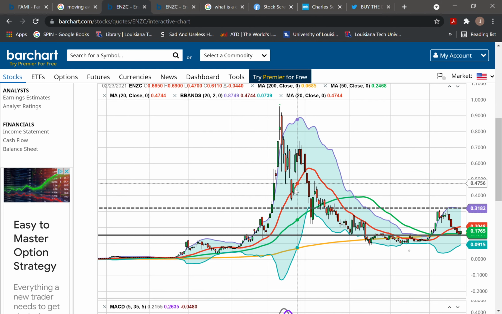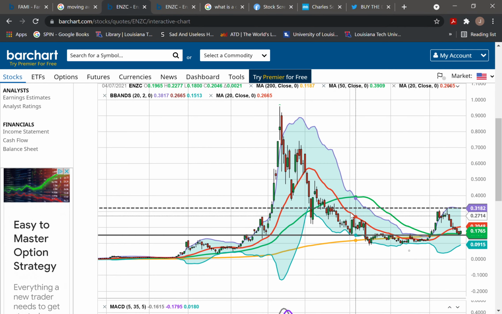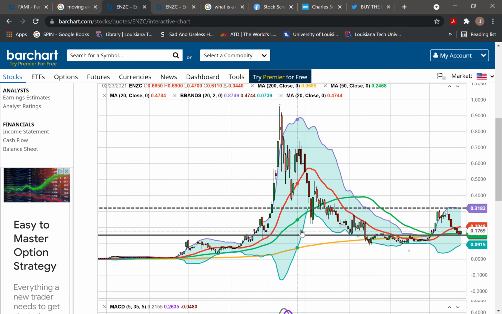And then you've got the other thing where the moving averages themselves cross over. Like the 20 here, the red one, is crossing under the green one, the 50, right? And one that's particularly of interest is when we talk about the 50 and the 200. That's where we get terms like the golden cross or the death cross.